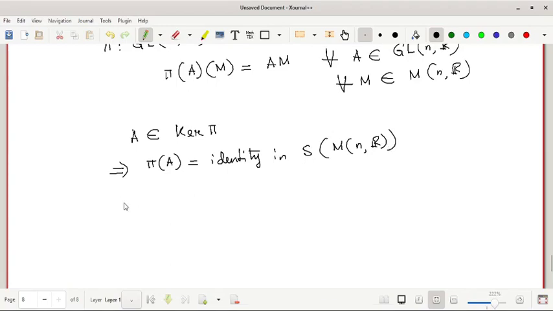If this is the identity permutation, then pi of A of any n by n real matrix M, element of MnR, has to be equal to M. This implies AM is equal to M. A is in GLnR, so multiply by A inverse on both sides.